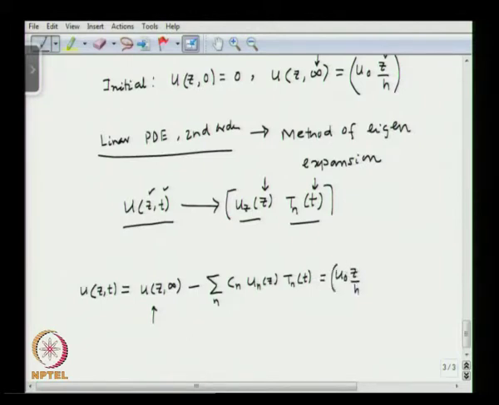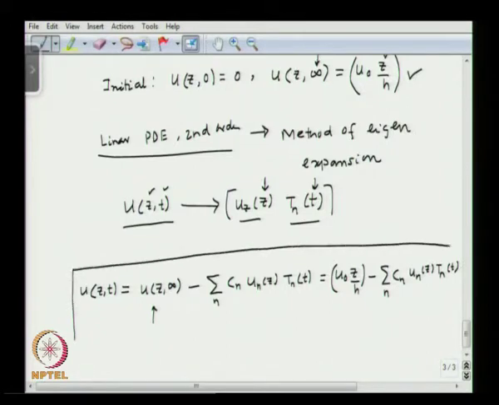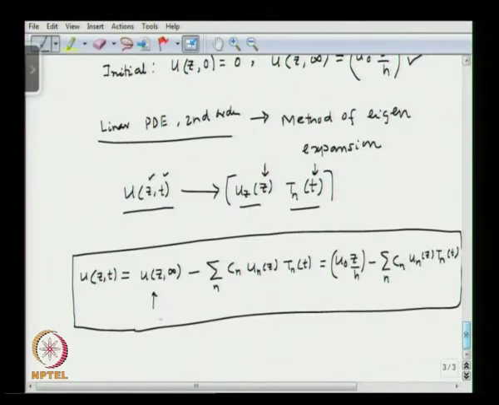This is the steady state solution, minus summation n C n u n(z) T n(t). So, this is our expected solution using the Eigen expansion.